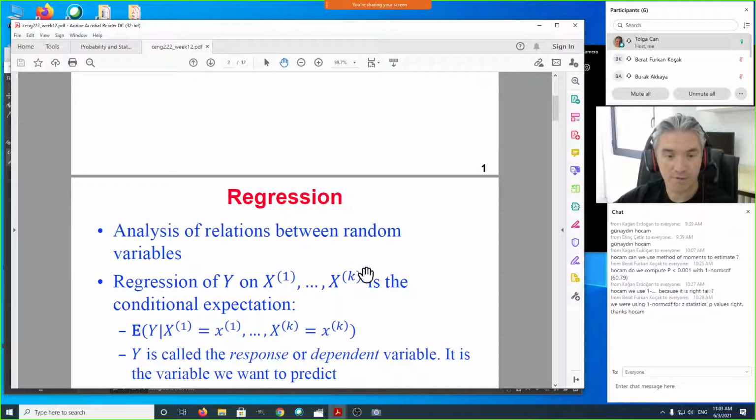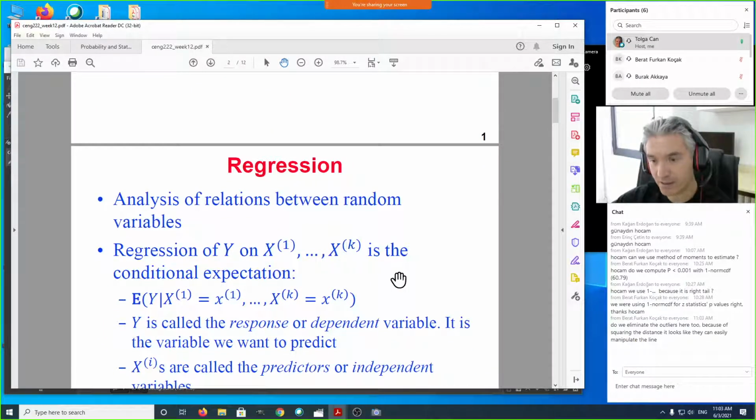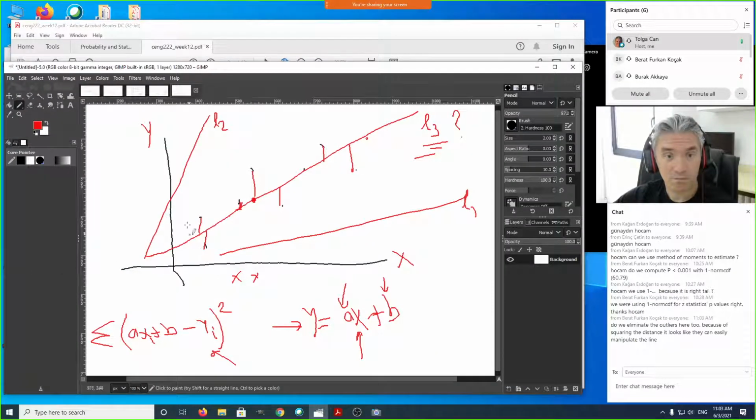Okay, so if we go now systematically, that's a very good question, Furkan. What if we have outliers? For example, if we have an outlier here, if you look at these residuals, all of them are treated equally, right?